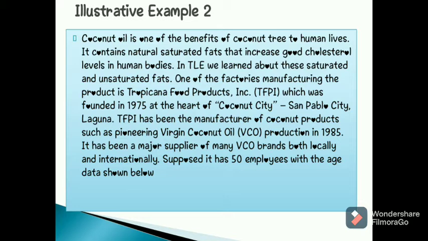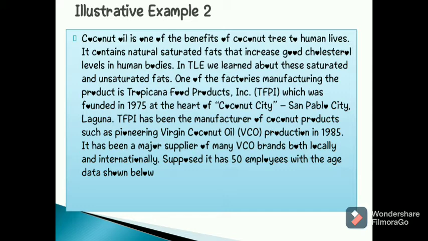TFPI has been the manufacturer of coconut products, pioneering virgin coconut oil, or VCO, production in 1985. It has been a major supplier of many VCO brands, both locally and internationally. Suppose it has 50 employees with the age data shown below.